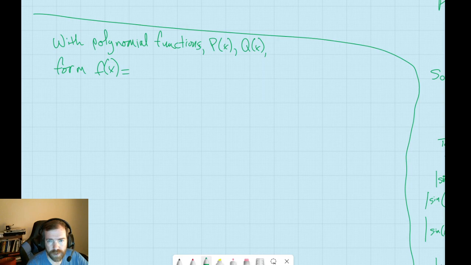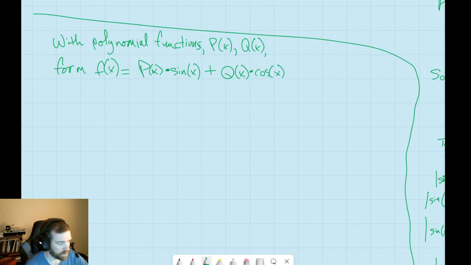With polynomial functions p of x and q of x, form p of x times the sine of x plus q of x times the cosine of x.